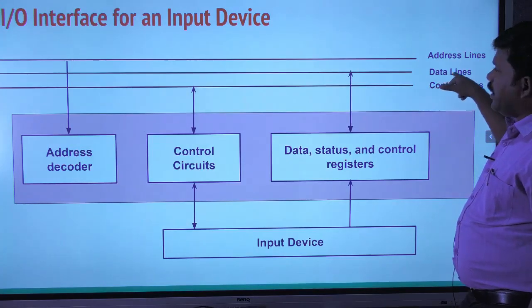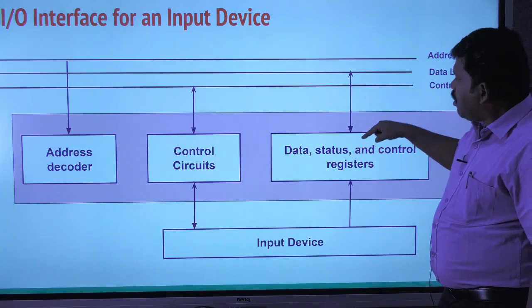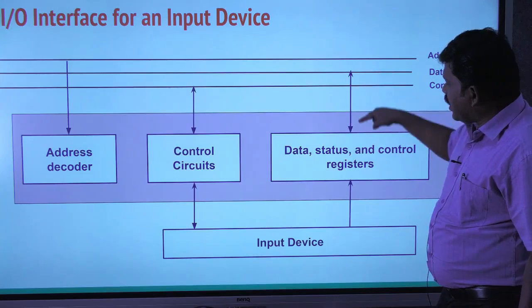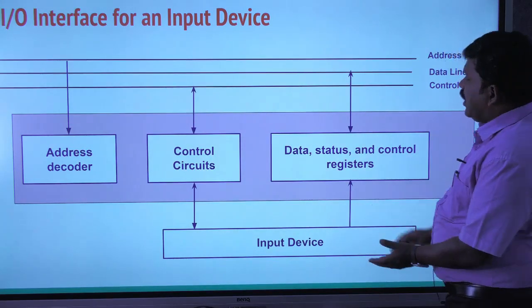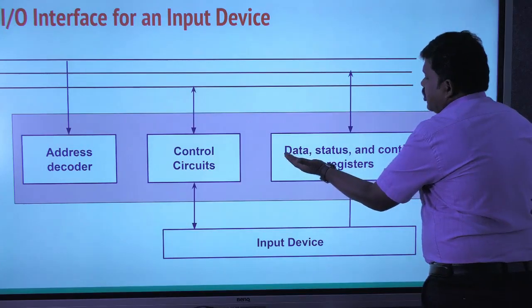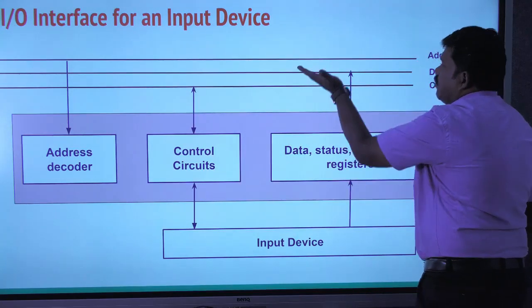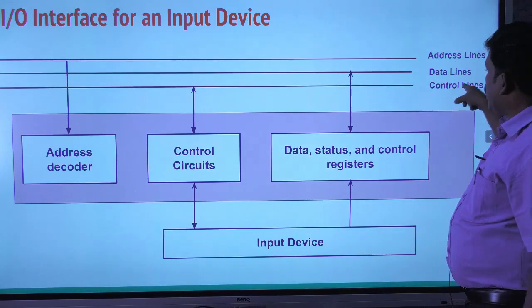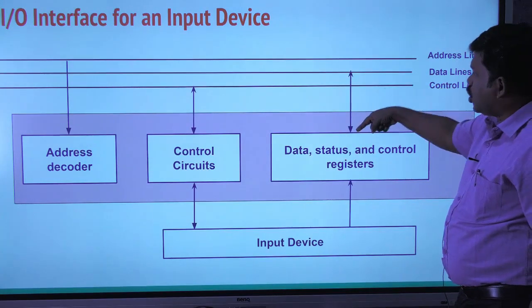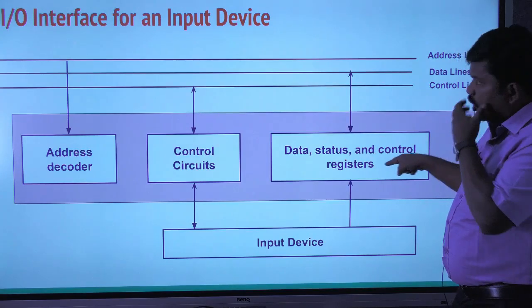The second one is the data lines, through which the data will be transferred. Actually it is a single line, because it is an input device. The input device can place the data that is available in the data register. From the data register, the data will be placed onto the data bus or data lines. The control lines will be taken from the control registers.